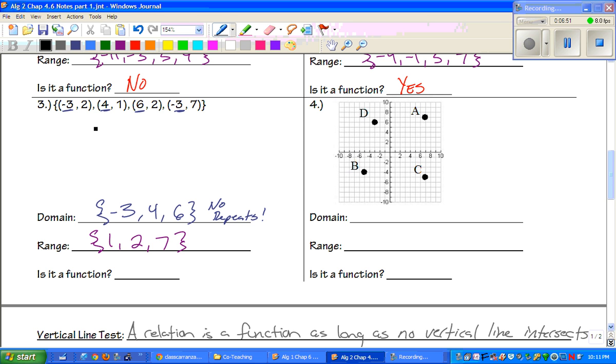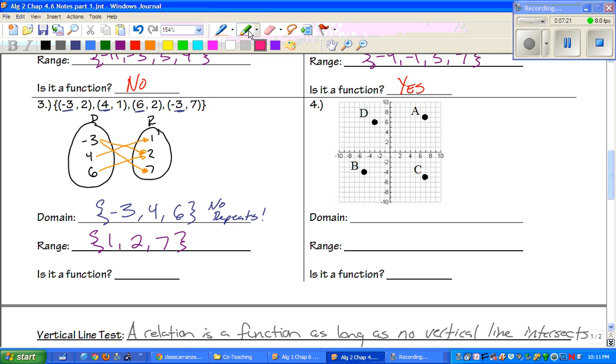Now, to figure out what everything lines up to, -3, 4, and 6, 1, 2, and 7. Here's our domain. There's our range. -3 and 2, 4 and 1, 6 and 2, -3 and 7.